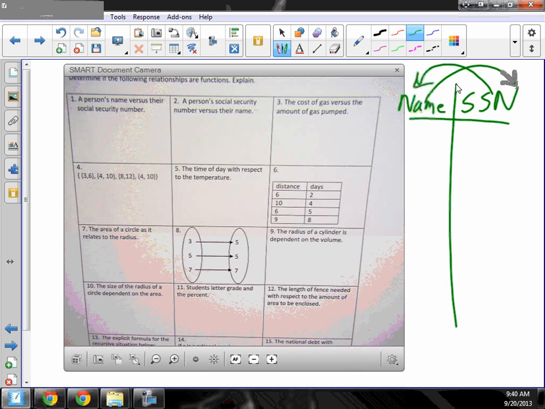Number 5, the time of day with respect to the temperature. So if it's 75 degrees at 1 and 75 degrees at 2, is that okay? Yes, because it's two different x values. My x values are times.